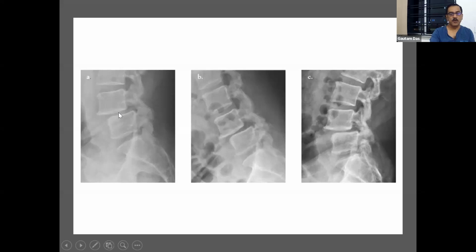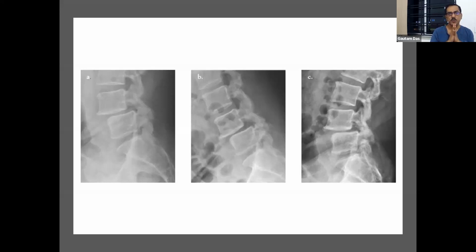And if it is completely out, not in touch, then it is your grade 5. Normally grade 5 spondylolisthesis is not possible unless there is a fracture of the posterior ligamentous complex. I'm coming to that part just now. Only then it is possible. Otherwise, grade 5 listhesis is not possible. Grade 1 and grade 2 are very common.